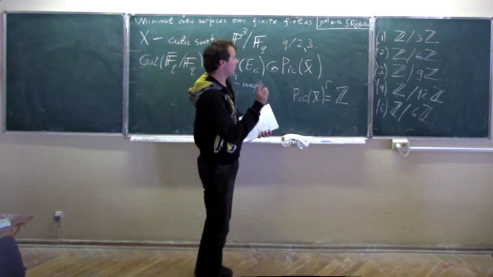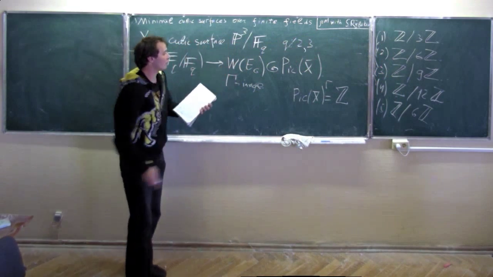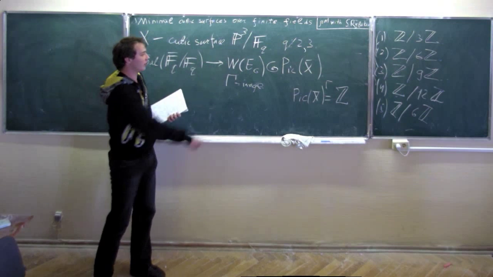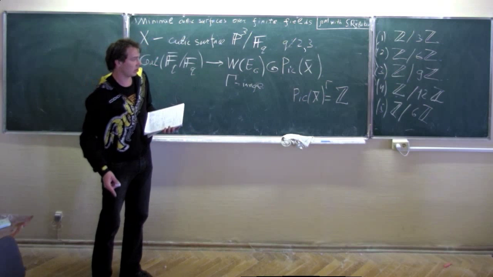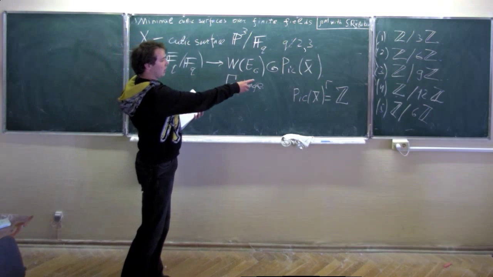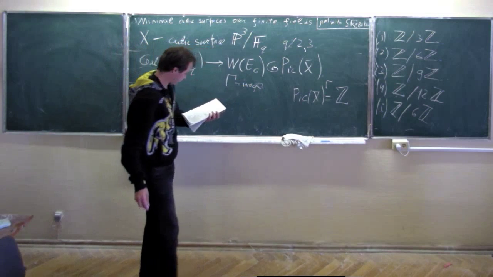So there is an element in the Weyl group of E6 of order 3 such that the invariant Picard group is equal to Z.